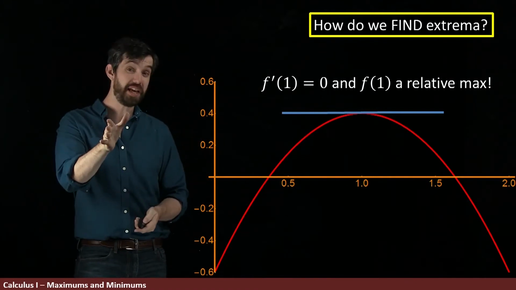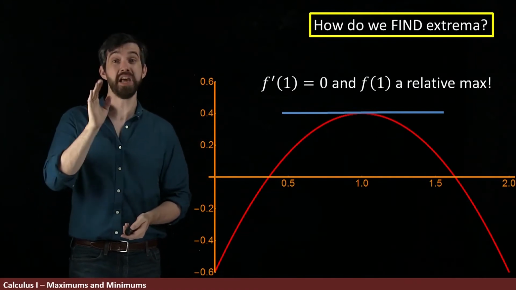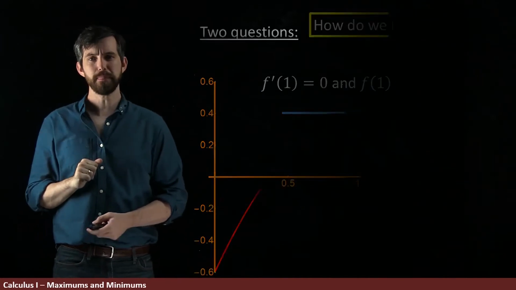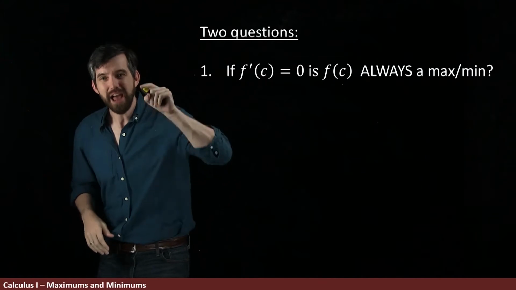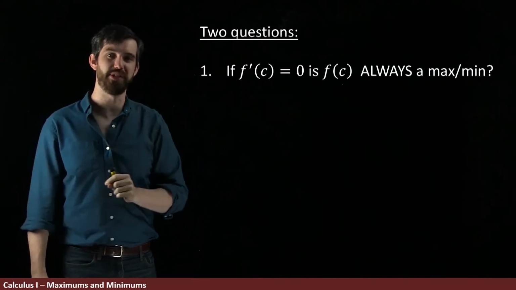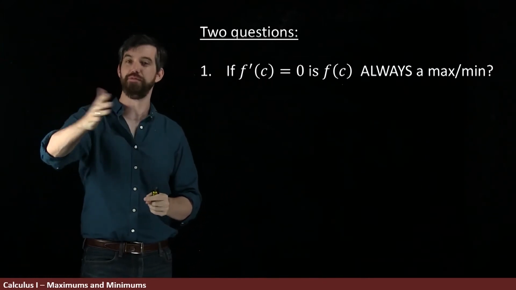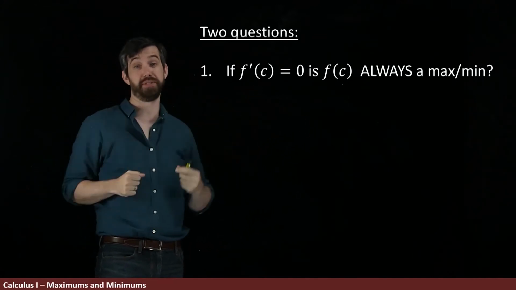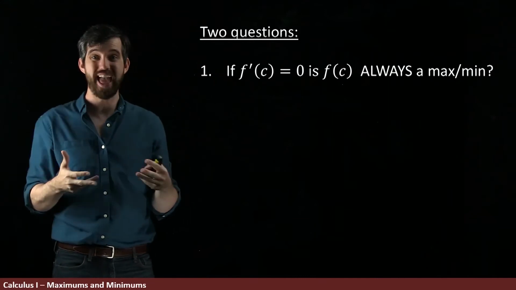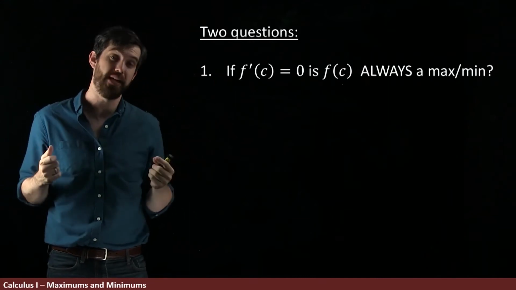But let's investigate to see whether that's actually true, because I have two different questions. The first question that I have for you is, is it the case that every single time the derivative is 0 that you're going to get either a relative maximum or minimum? We saw that one example of a parabola, it sort of looked like it was the case there, but can we think of any other example where that's not the case?